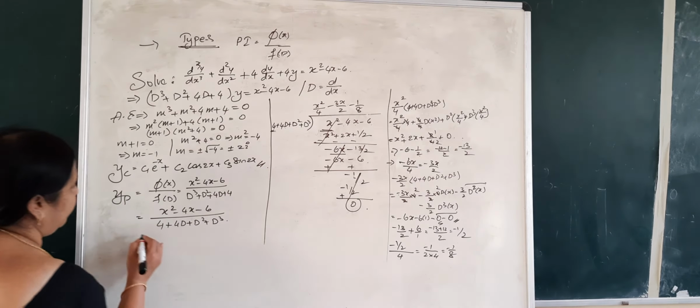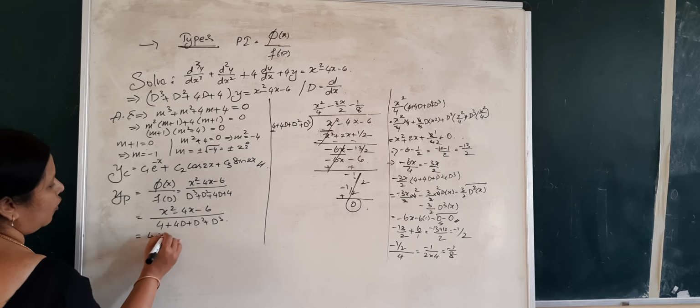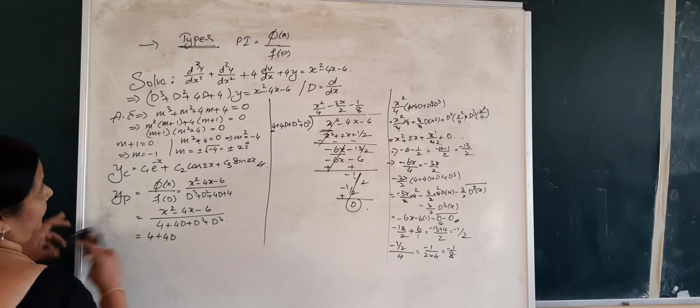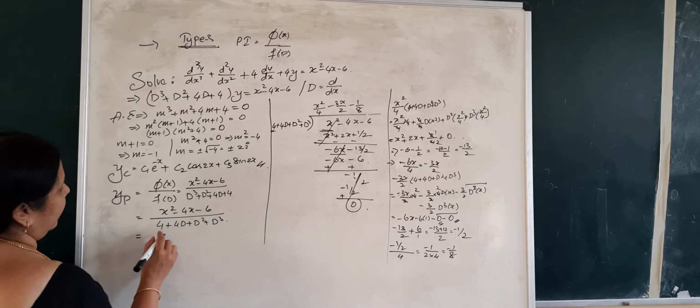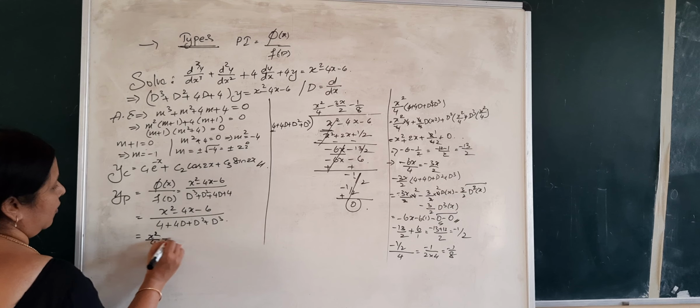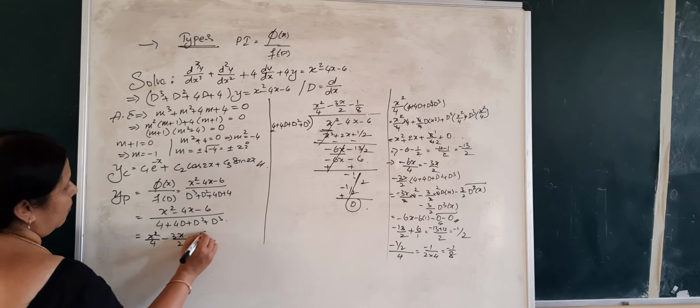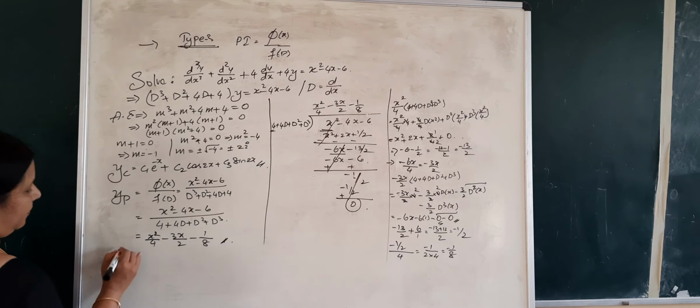Therefore, what is my yp? Yp is equal to 4 plus 4d, yp is nothing but my quotient, x square by 4 minus 3x by 2 minus 1 by 8. This is my yp.